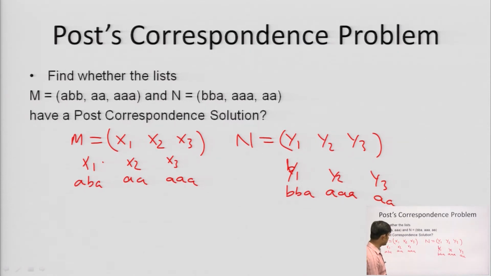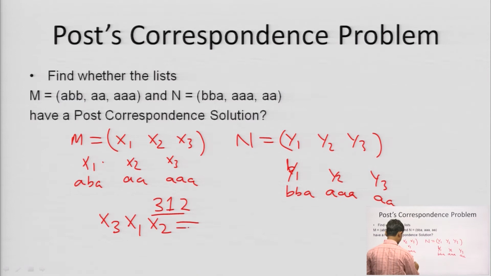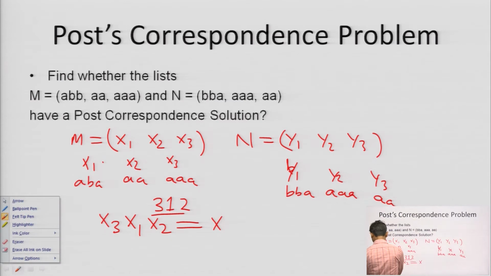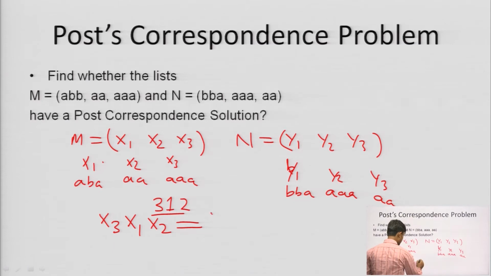Suppose we take the sequence 3 1 2. We will check whether it is equal. Taking the sequence 3 1 2 means you take x3, then x1, then x2, and on the other side y3, then y1, then y2.